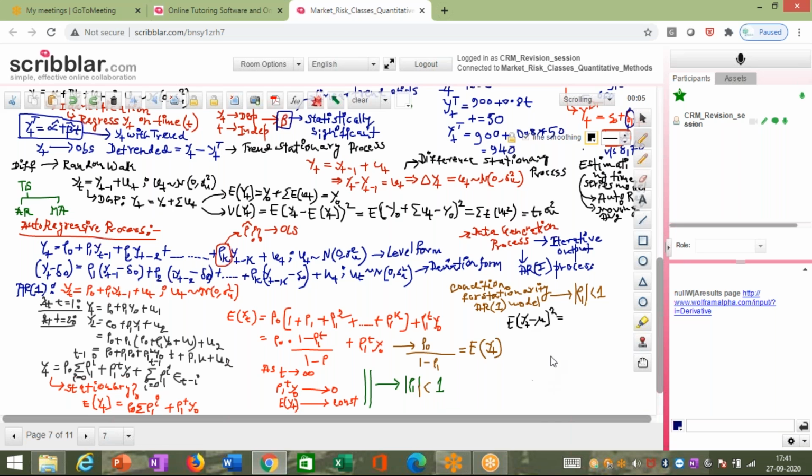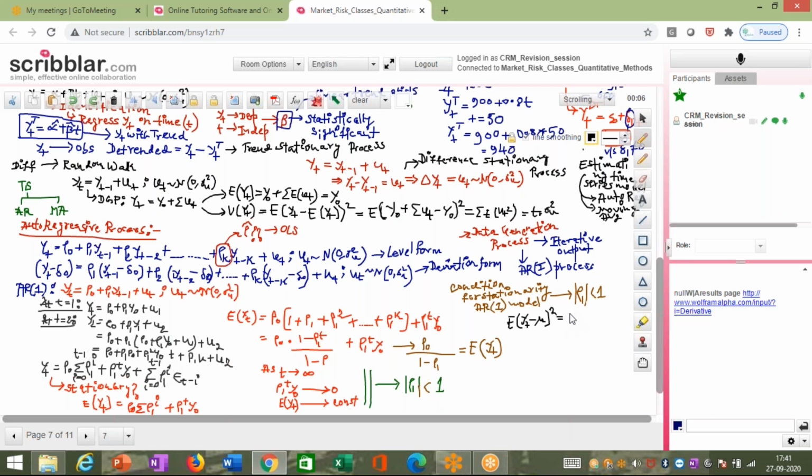Over here, yt minus mu: if I look into this equation, this part becomes rho 0 minus this, right? And this is the part which remains as the variance.